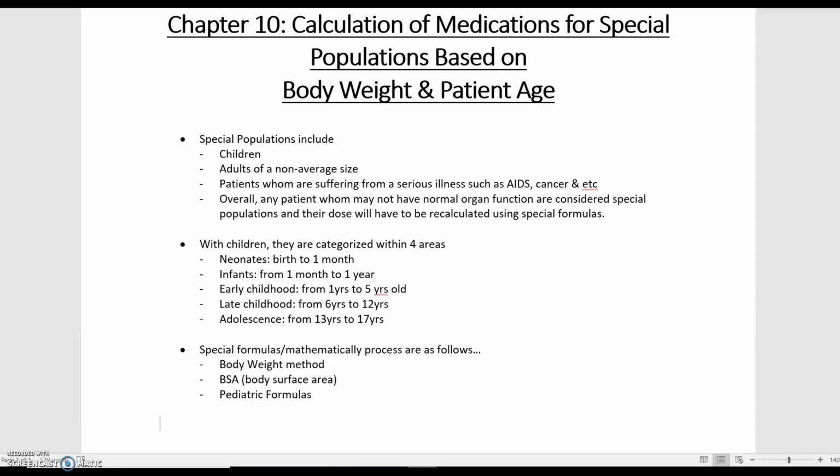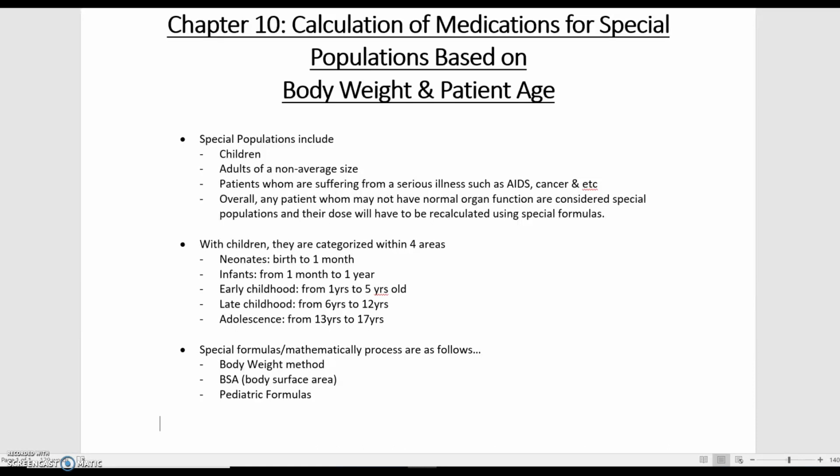Which means that if an adult is very sickly and doesn't have normal organ functions, they will have to get their dosage recalculated based off of the issues or symptoms they're having with their illness. So with that in mind, special populations include children.